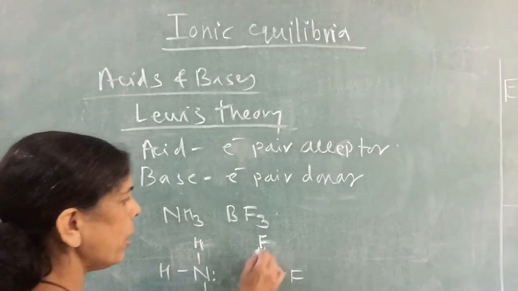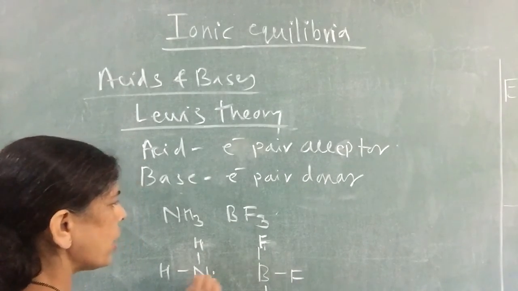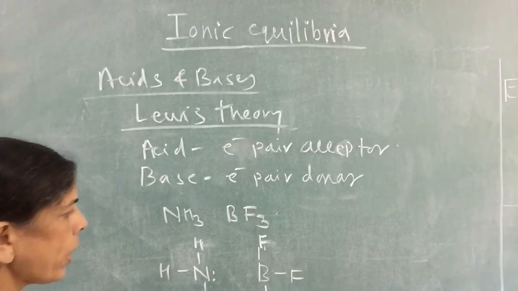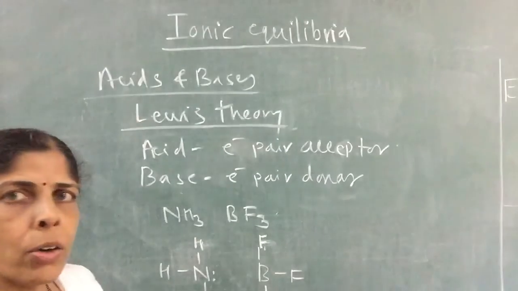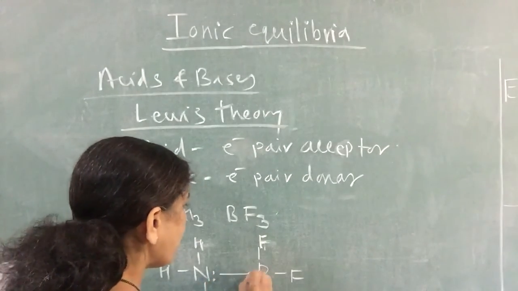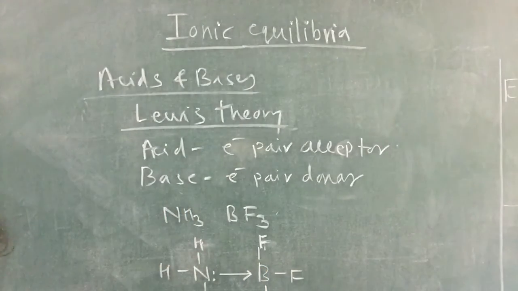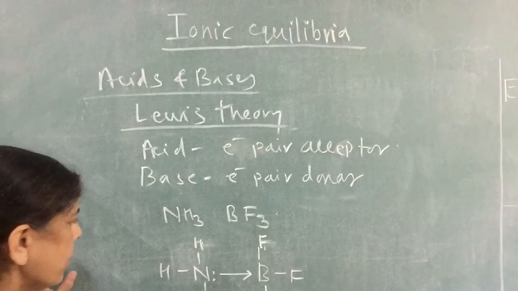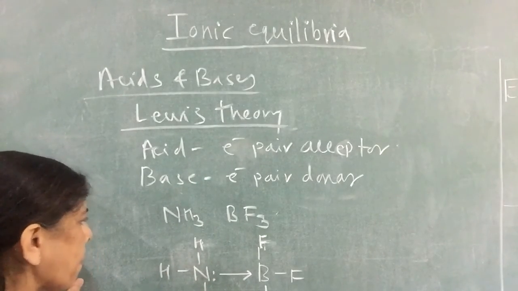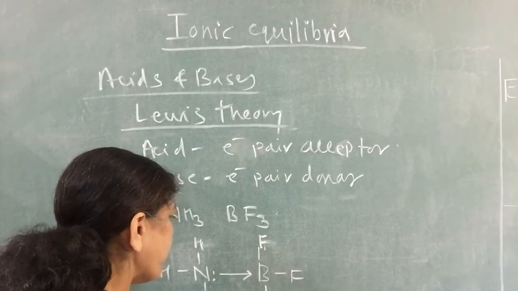So nitrogen from NH3 can give an electron pair to boron, so that both of them will have 8 electrons. This is shown with the help of an arrow. NH3 has given electrons, so it is a Lewis base, and BF3 has accepted electrons, so it is a Lewis acid.